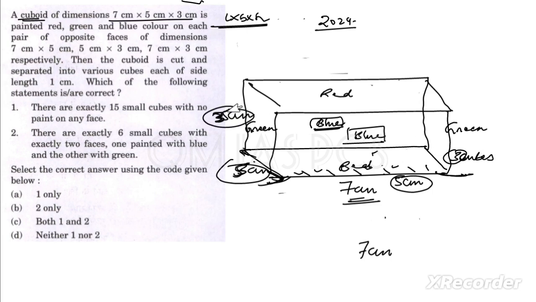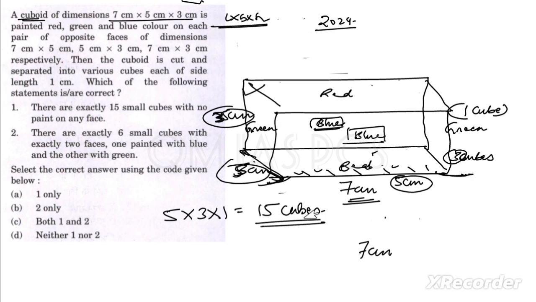Similarly in this one, if you remove the top one and the bottom one, only 1 cube will remain. So how many cubes are left untouched? It will be 5 multiplied by 3 multiplied by 1. So the total is 15 cubes.